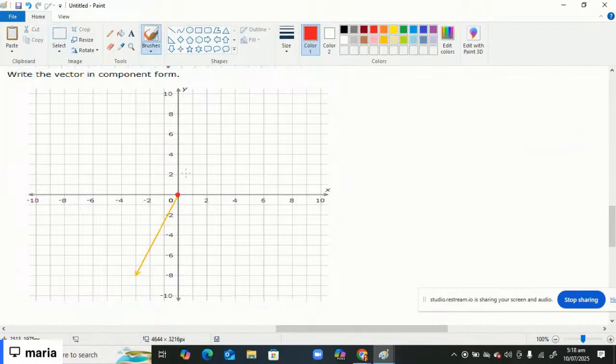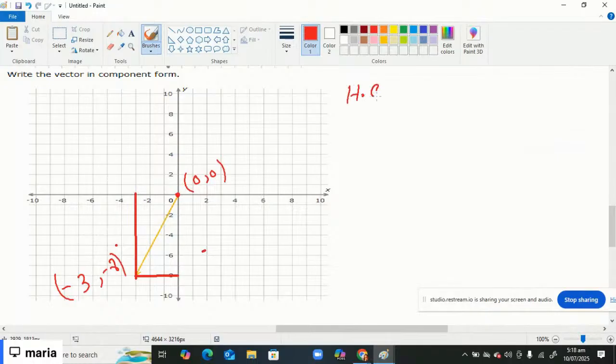This is 0 and 0. Now look, this one and this one. So what are these points? This one is minus 3, and what is this point? Minus 8. So 0, 0 and minus 3, minus 8.